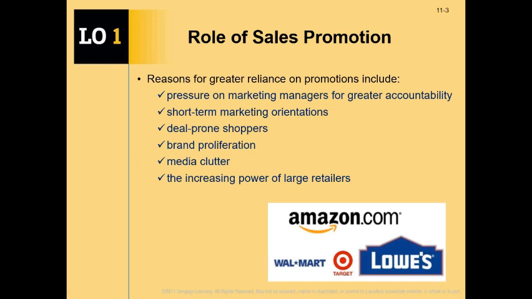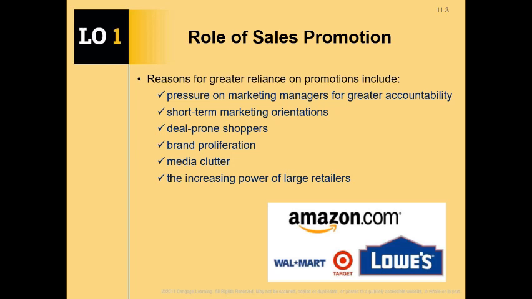There is an increasing power also of large retailers, a concentration of power in terms of the volume of merchandise that they handle. Therefore, if you are a producer and you want to sell through Walmart or through Lowe's or Amazon, they have bargaining and negotiation power, so you probably as a manufacturer have to make concessions in terms of the price at which you sell.